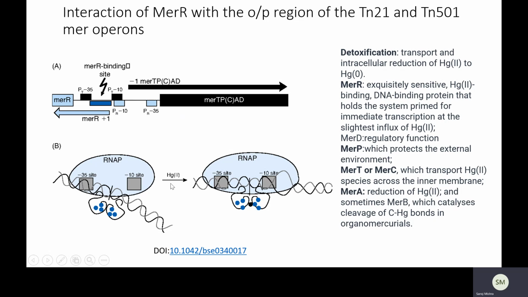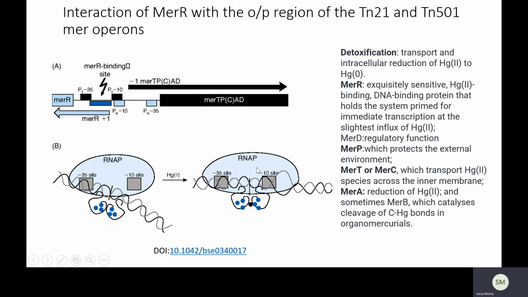On the other hand, when mercuric ion is present, the repressor protein can bind to it, and that is shown here. The black dot shows you the mercuric ion, in which case the conformation of this repressor protein changes in such a manner that it binds in a conformation so that the RNA polymerase can also make contact with the -10 site.